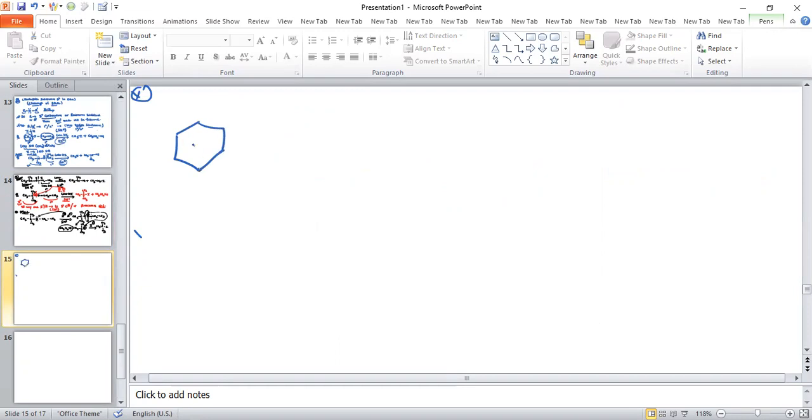You can easily identify the name of this compound. This is basically anisole, or you can say this compound is methoxybenzene. The other name of this compound is methoxybenzene or anisole.